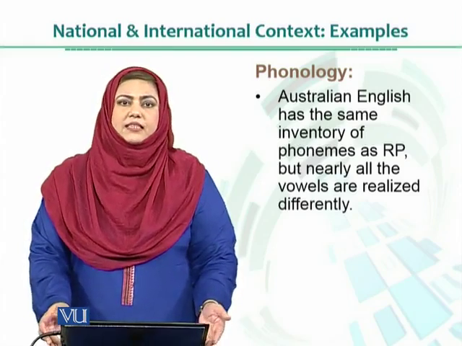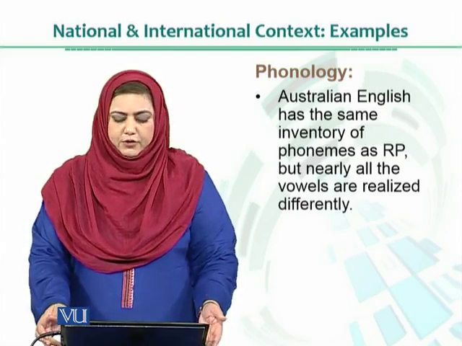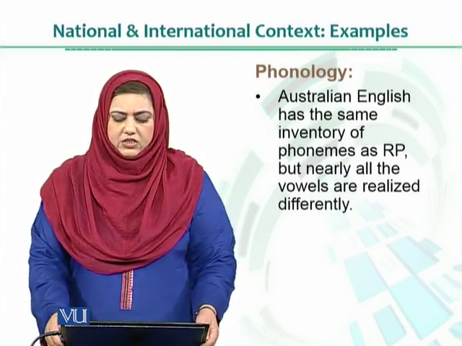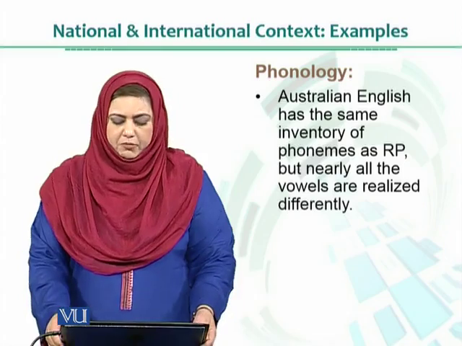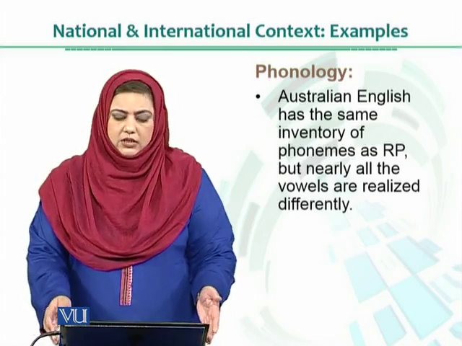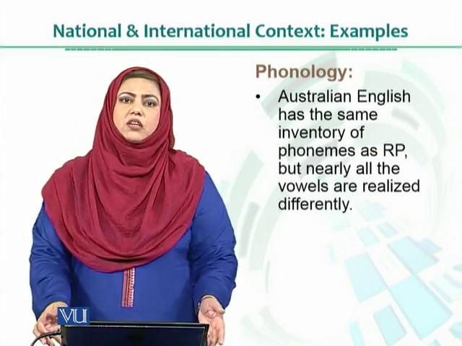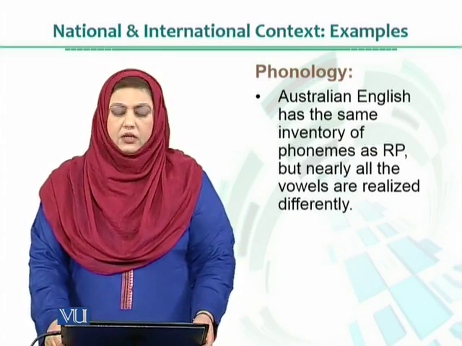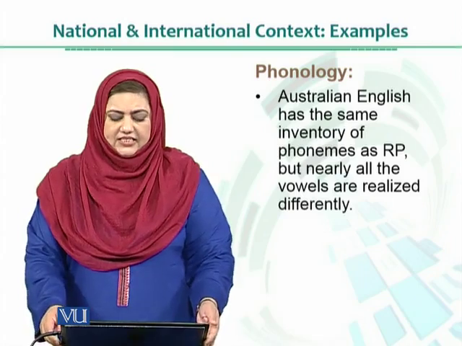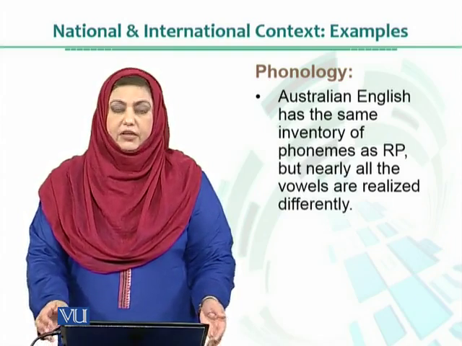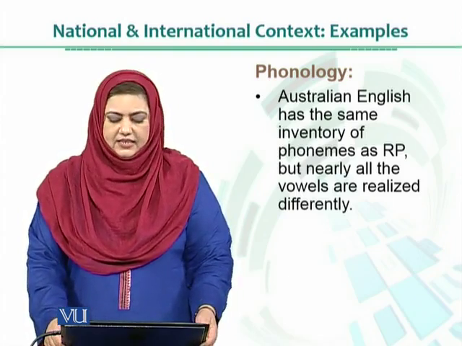Now, if a synchronic linguist is interested in phonology and still wants to work on the Australian variety of English, he or she can probably look at the phonology of Australian English in comparison and contrast with the British or the American varieties of English. In fact, Australian English has the same inventory of phonemes as RP, that is the received pronunciation that we have in British Standard English.